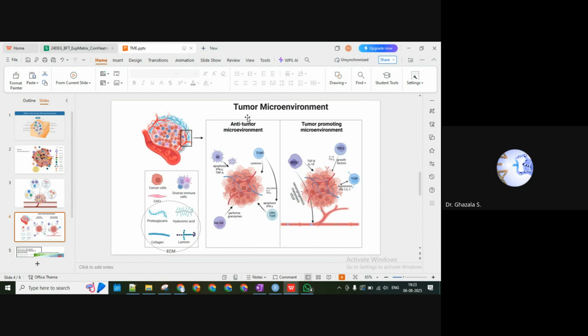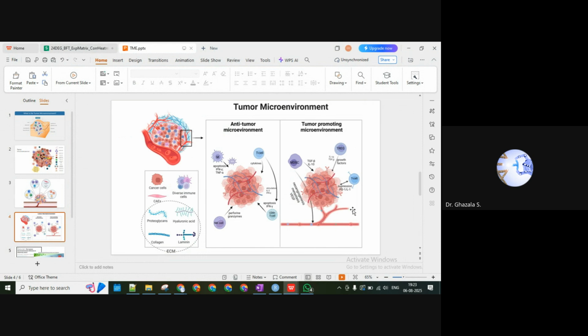Here we have the anti-tumor microenvironment that will suppress the tumor, involving apoptosis and cytokines. Then we have T cells that will activate CD8 plus T cells, which help in suppressing the tumor. But we also have the tumor promoting microenvironment.